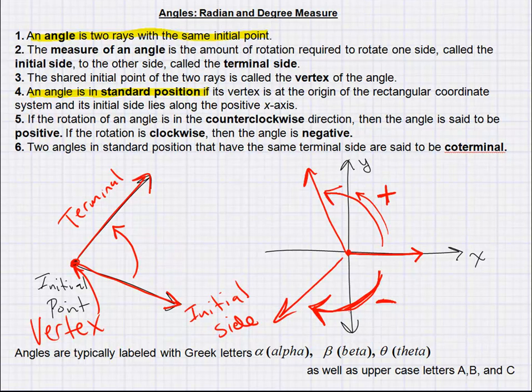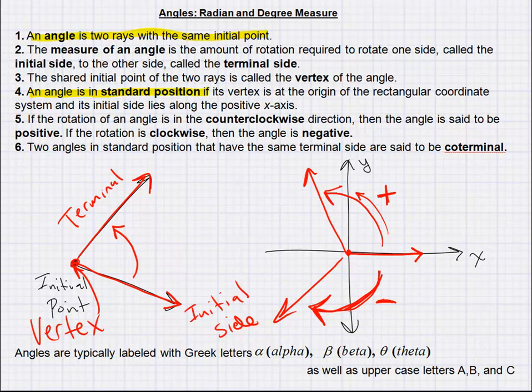When you see an angle that has a positive or a negative value, all that it's saying is which way you rotated to get to the terminal side. Did I rotate counterclockwise or clockwise? It's kind of counterintuitive to what you think should happen. You would think if I'm going clockwise, that would be positive, but it's not. We measure counterclockwise as positive and clockwise as negative.